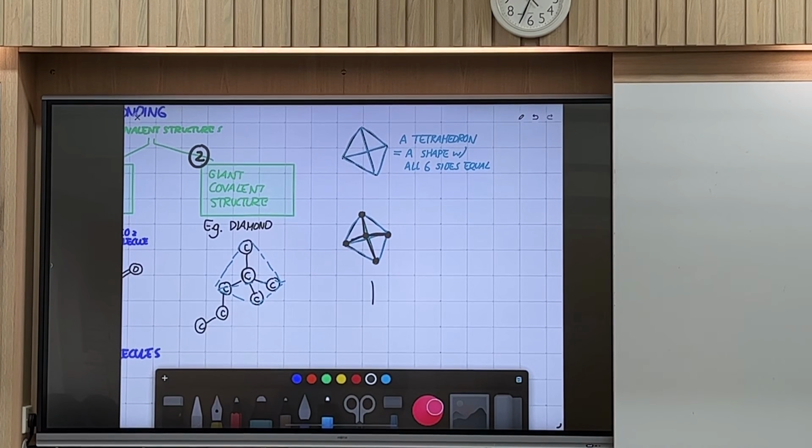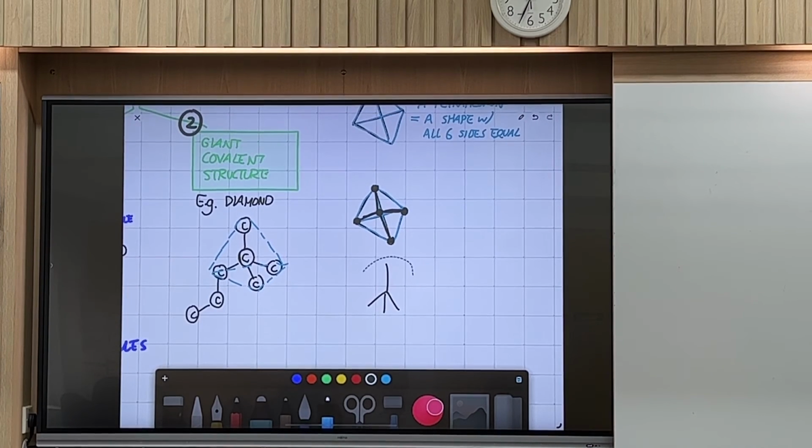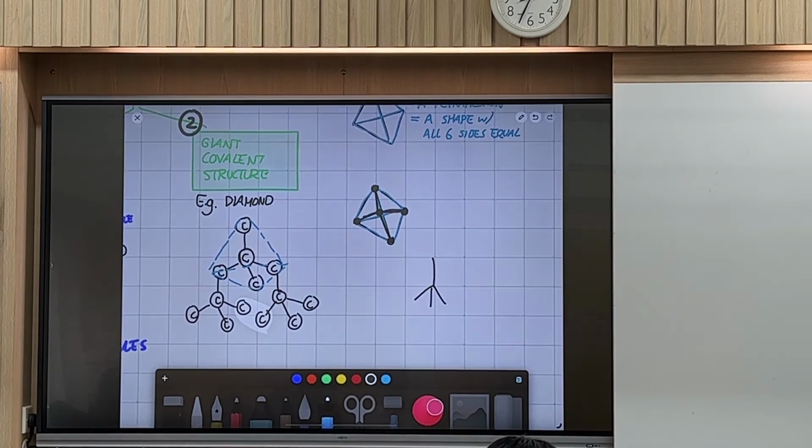To me, it looks like a chicken leg. Doesn't it look like a chicken leg? You just draw something that looks like this.